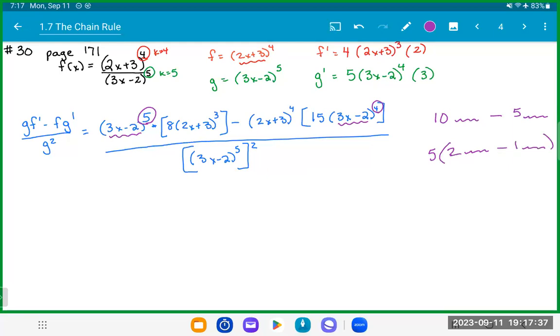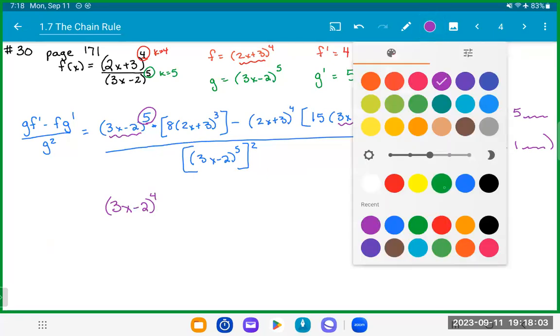So that's the idea of what we're doing here, factoring out all of the common terms. I can only take the smallest common factor. So 4 is smaller than 5, so we can only pull 4 of them out. So that's going to be 3x minus 2 raised to the 4th power.